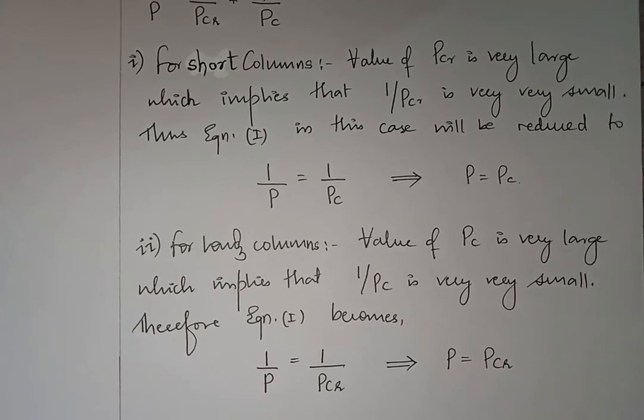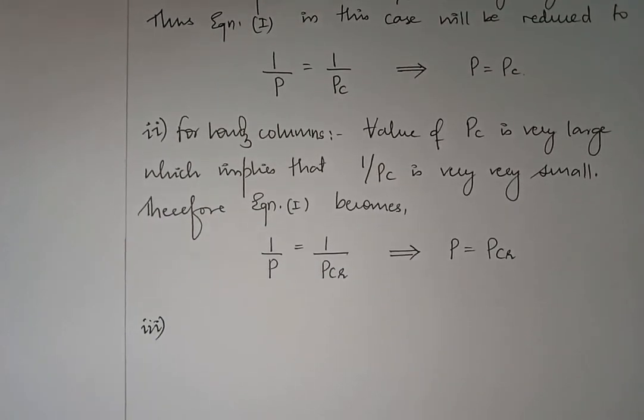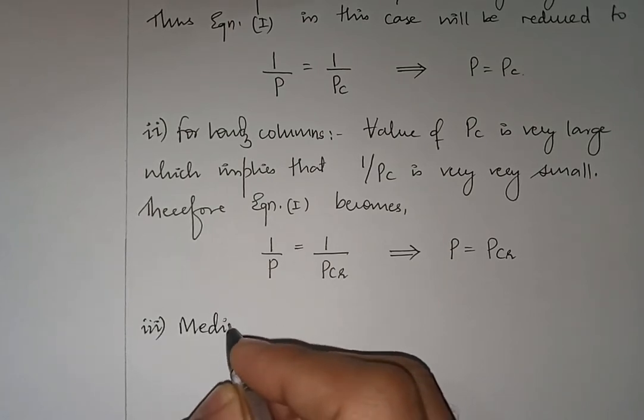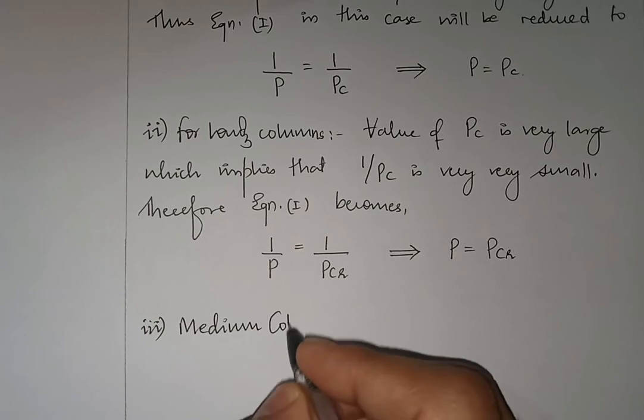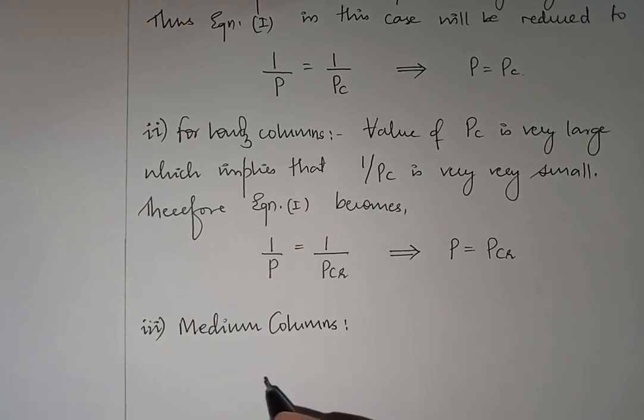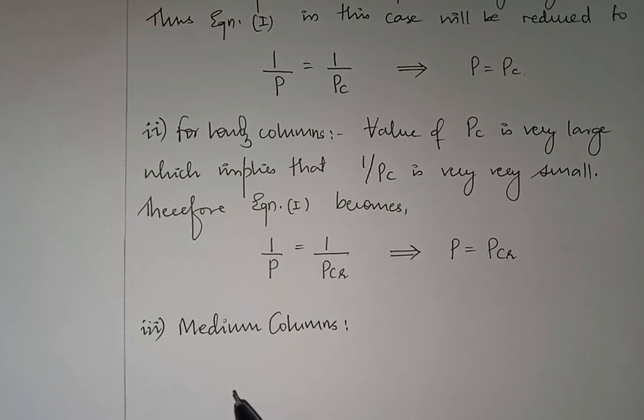So the third case is very important for us. The third case is for medium columns. Now here the column is subjected to a combined effect of buckling and crushing.